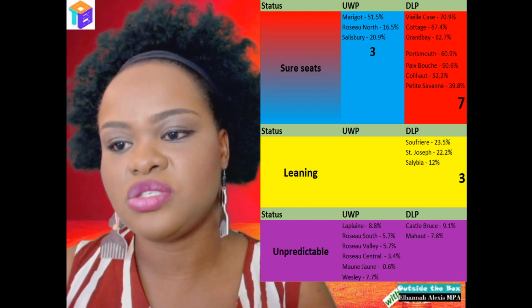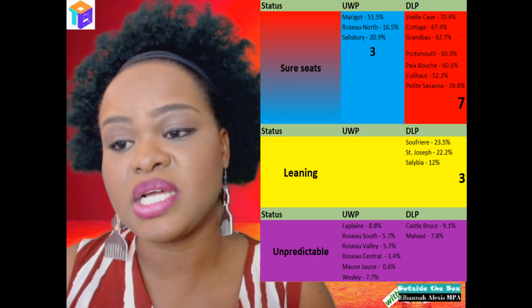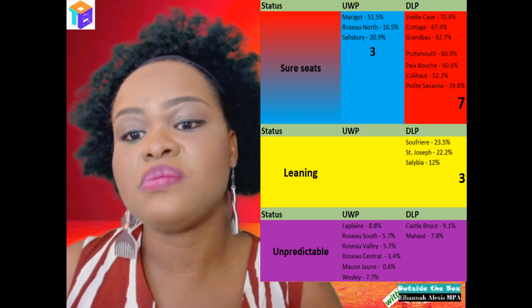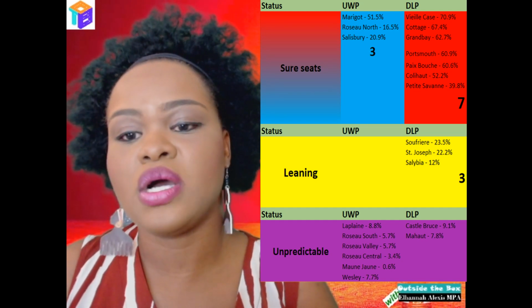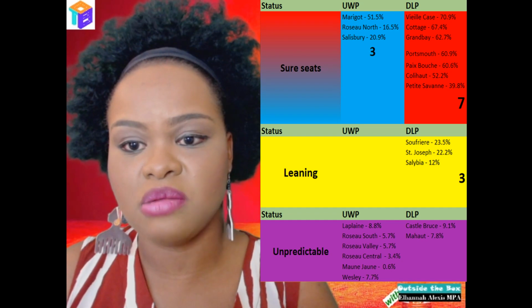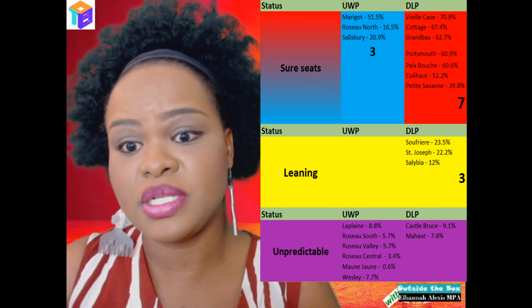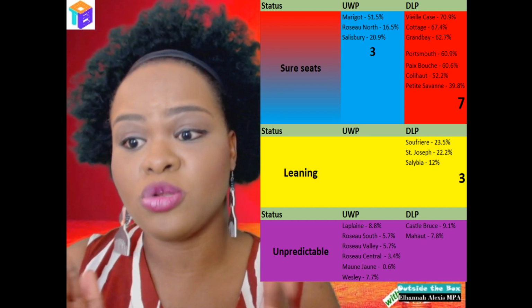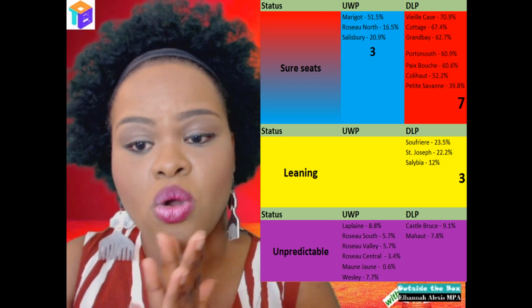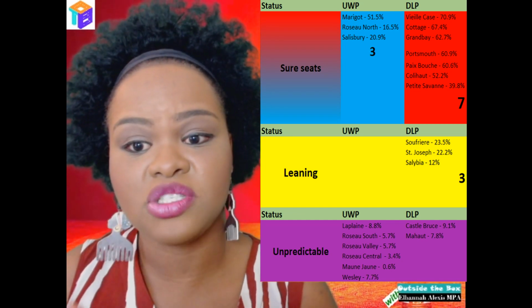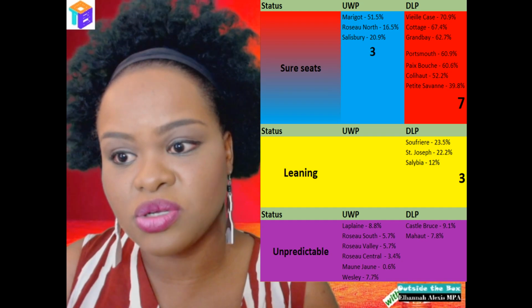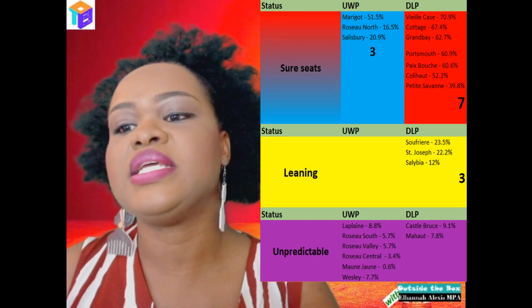So for these 3 constituencies, although the Dominica Labour Party has a lead, it's much more possible for a decrease to happen in the Dominica Labour Party and an increase to happen in the United Workers' Party to bring them closer together and close the gap, or even bring the United Workers' Party ahead of the Dominica Labour Party in those 3 constituencies, especially in Salibia.